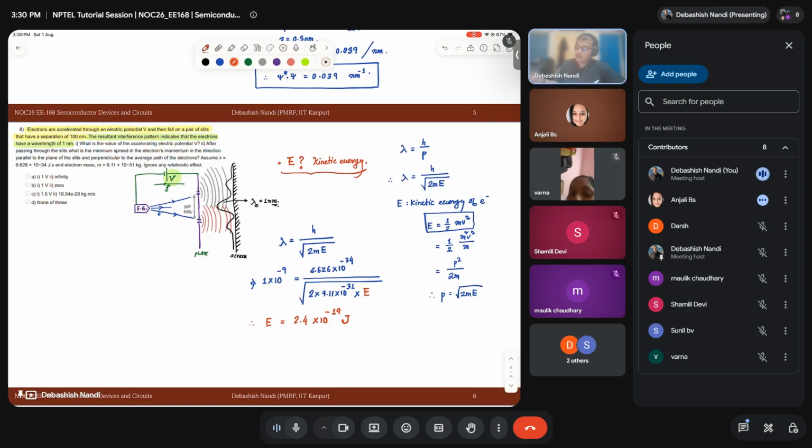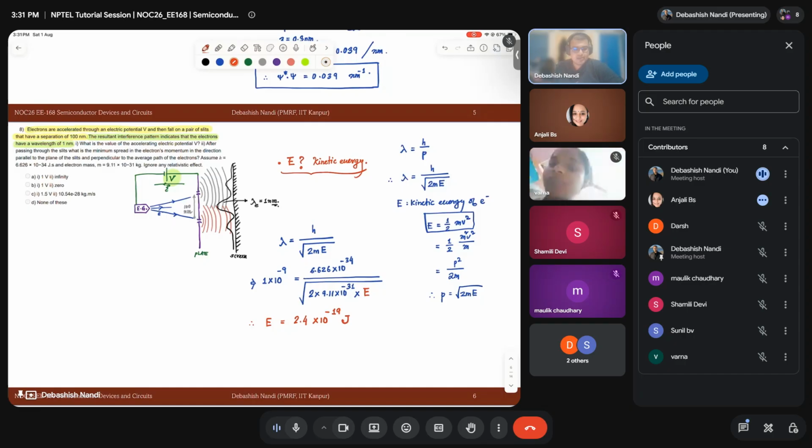Then this joule we need to convert to electron volt. Why will we convert joule into electron volt? That is just unit conversion, right? How come my kinetic energy be in electron volt?